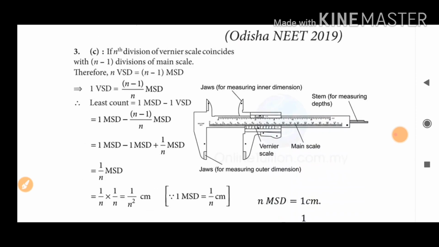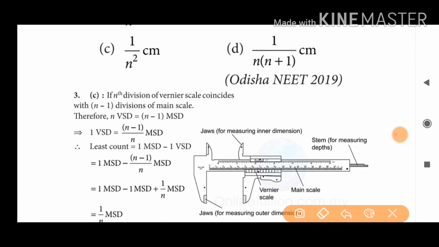That means n vernier scale readings equal n-1 main scale readings. So 1 vernier scale reading equals (n-1)/n main scale reading. And what is the definition of least count?